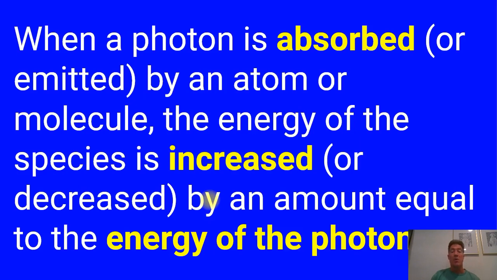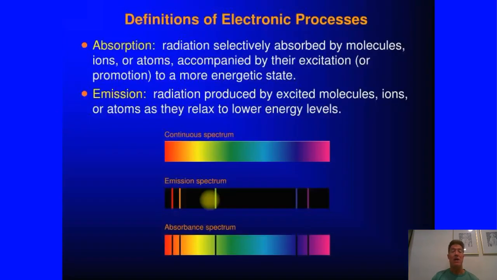So when a photon is absorbed or emitted, the energy of the species is increased or decreased by the amount equal to the energy of the photon. So basically, here's the continuous spectrum of visible light.